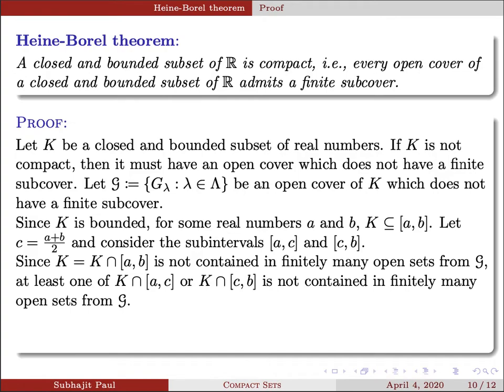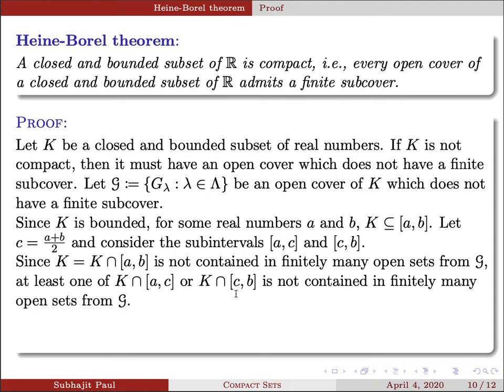Then at least one of the portions K intersection AC or K intersection CB. So K intersection AB, the entire thing, is not contained in finitely many open sets. And here we are looking at the left portion K intersection AC and the right portion K intersection CB.